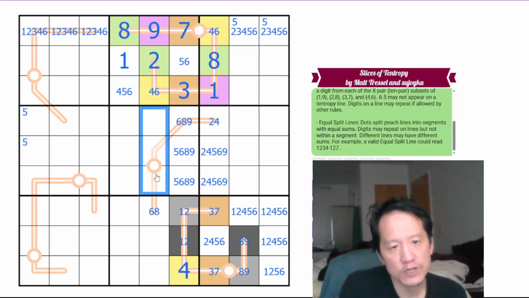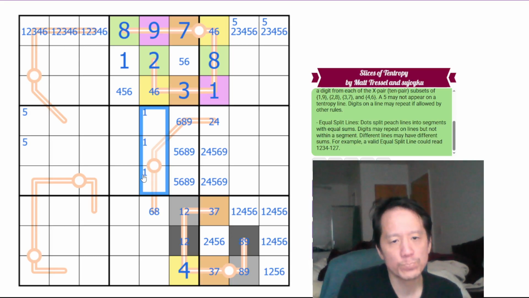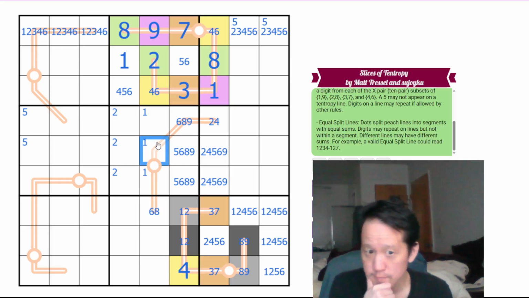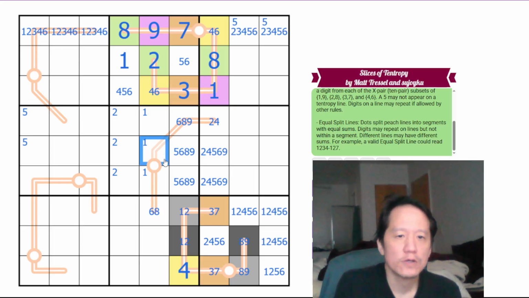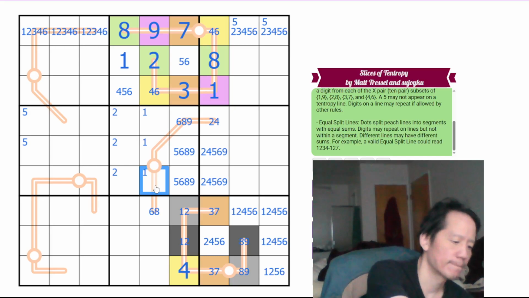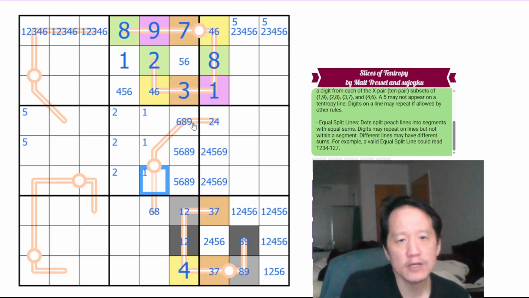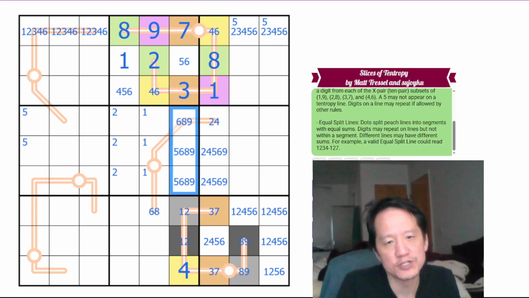1 is one of these digits here. We're not sure which. 2 has to be one of these 3 digits there. This, I'm not sure. Okay, so 9 is one of these 3 digits, actually.